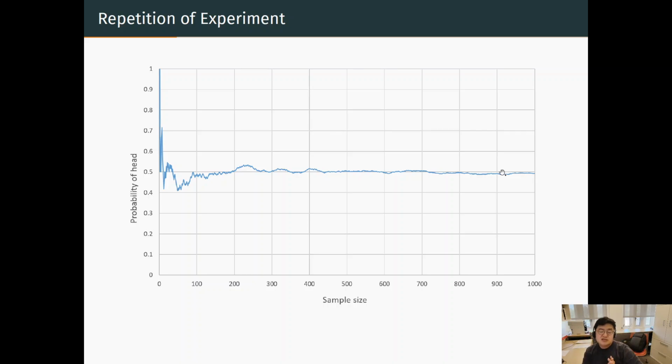The coin toss is a simple example because you know the answer before doing the experiment. But in most cases, you don't know the actual answer. For example, what is the unemployment rate? That is a kind of probability if you classify people into employed and unemployed, and then see how many people are unemployed.